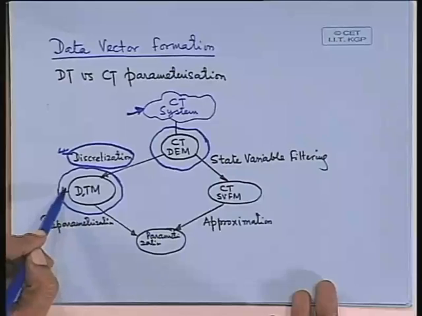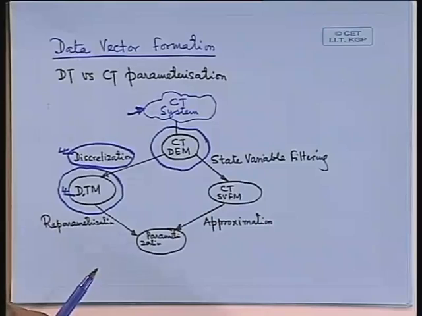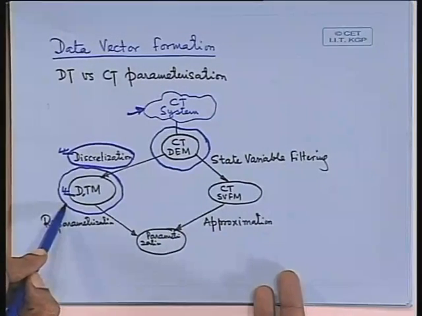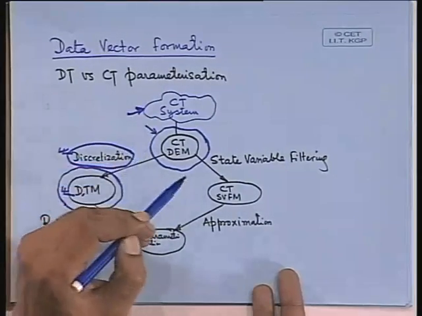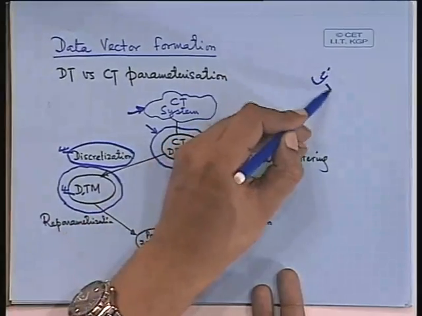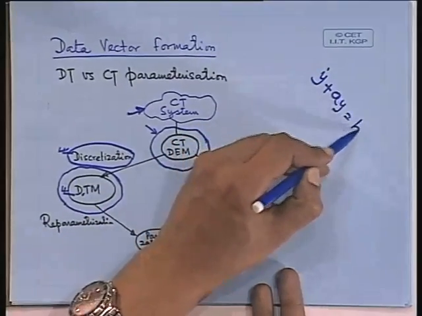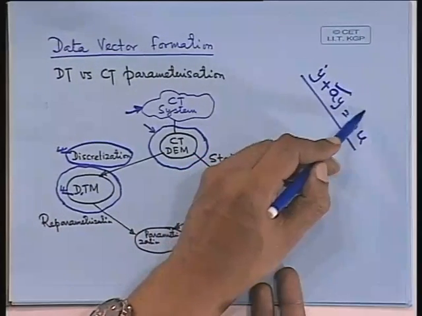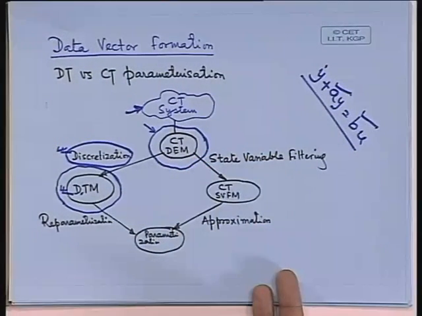This is the model that we have seen so far in the course, always y_k = a y_{k-1}. Now there are big problems in this. What are the big problems? Firstly, there are some continuous time parameters here. Suppose you have a system y dot plus a y equal to b u. This is your continuous time differential equation, and these are your real parameters.